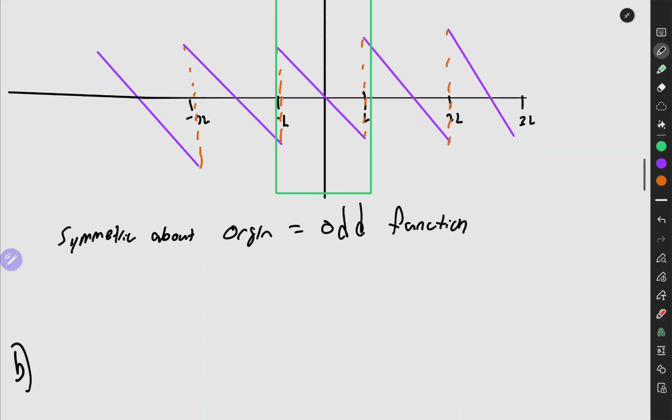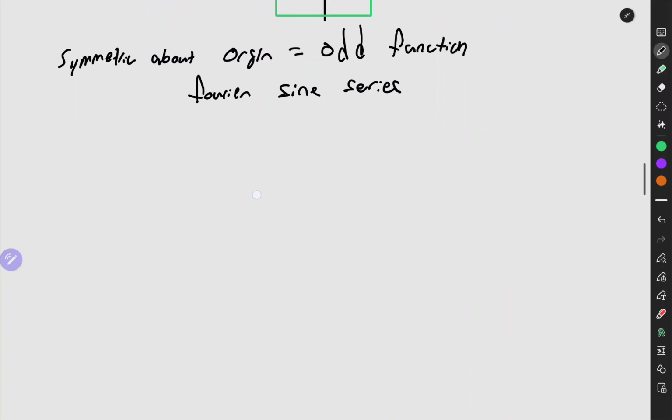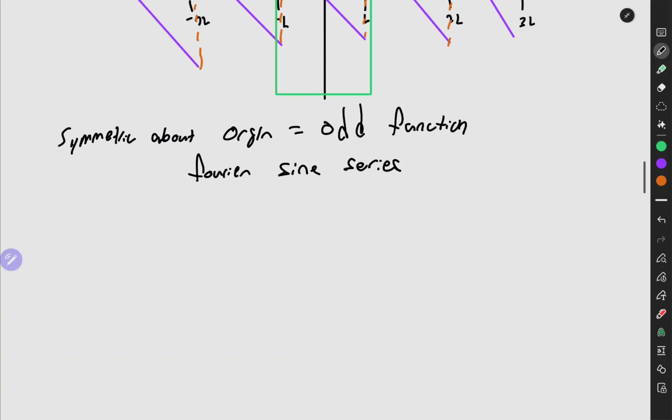Odd function, so we know if it's an odd function, we're going to have a Fourier sine series, right? Why is it a Fourier sine series? Well, just for this one, I'm going to show you why. You can go through it yourself and you'll see that it will be.